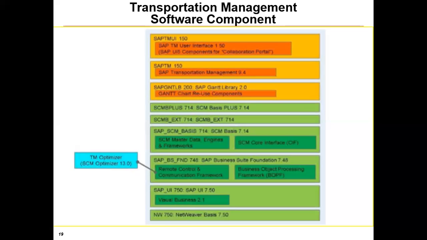So the Gantt chart helps users, super users, plant managers, purchase managers, or sales managers to take decisions efficiently at the right time for the right products and resources. Okay. So the aim is to reduce the cost of freight orders, as well as to reduce the transportation lead time.